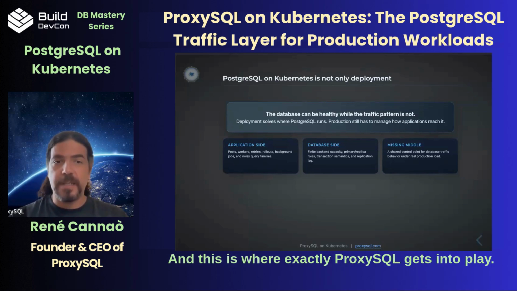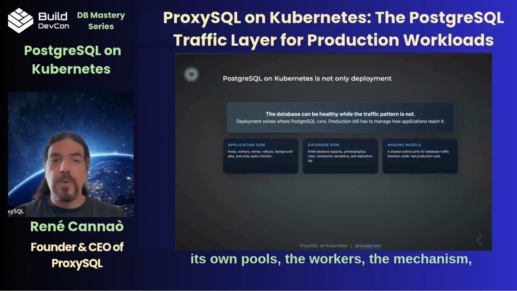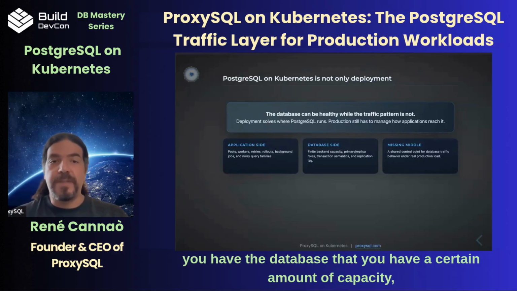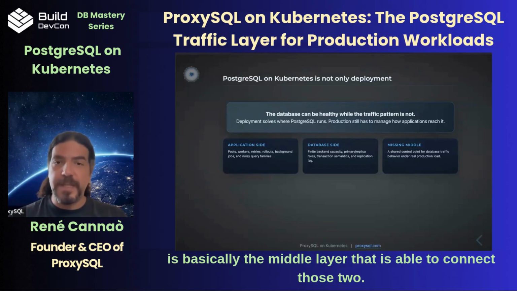This is exactly where ProxySQL gets into play. The application has its own logic, its own pools, workers, mechanisms, jobs, and so on. On the other hand, the database has a certain amount of capacity and is responsible for transactions. ProxySQL is the middle layer that connects those two.